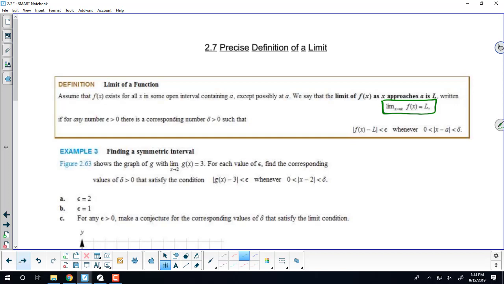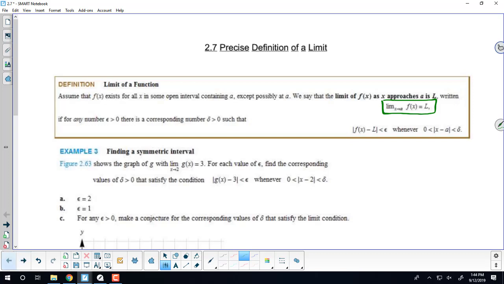So we could read that as: for any epsilon there is a corresponding delta such that when |x minus a| is less than delta, |f of x minus L| is less than epsilon. And so I think it's a little bit easier then to think about the images we drew as far as how we interpret those two absolute value inequalities in words.